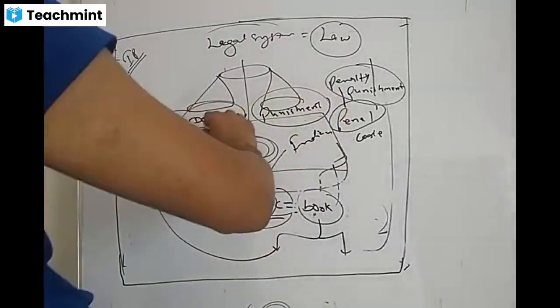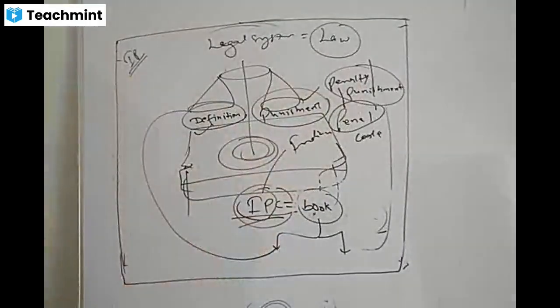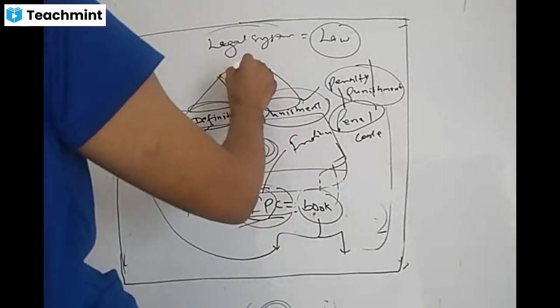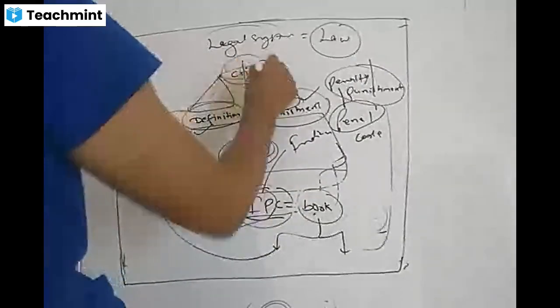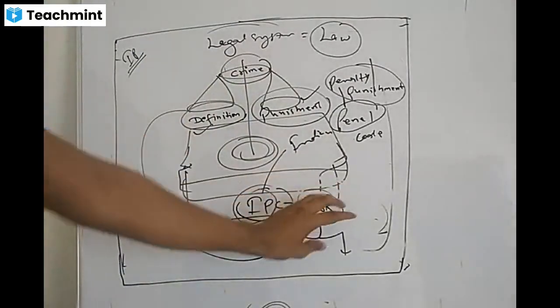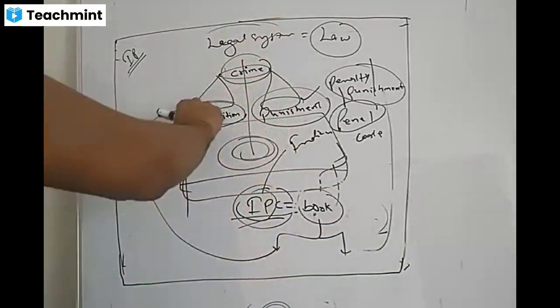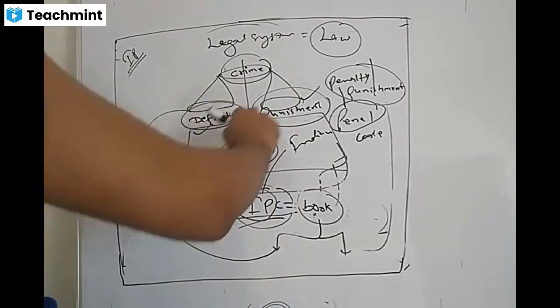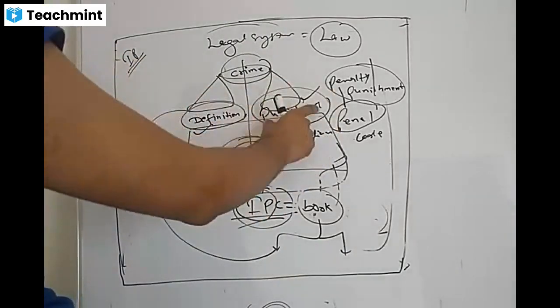So what are these definitions and punishment all about? These are about your crime. So in case of IPC, this is a book where two things are mentioned. One is the definition of a crime and another is the punishment of a crime.